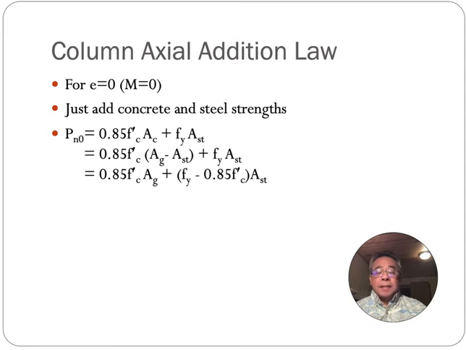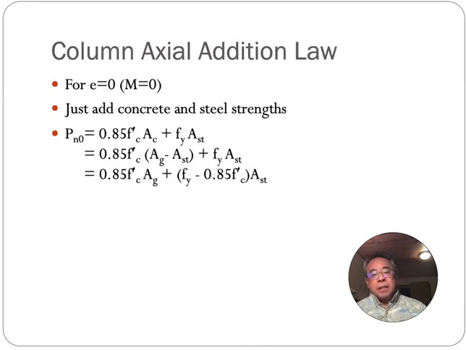Now, the area of concrete is the gross area, so if it's like a rectangle, b times h, minus the area of steel, because wherever there's steel, you can imagine there's no concrete, so it'll be like holes in the concrete. And so it's 0.85 f'c times the gross area minus the area of steel plus Fy times the area of steel.